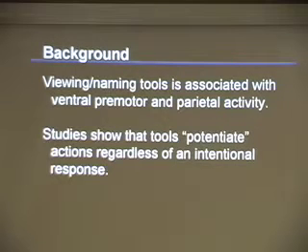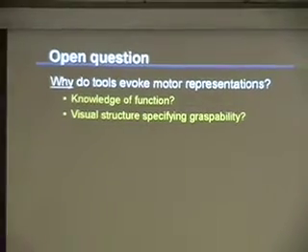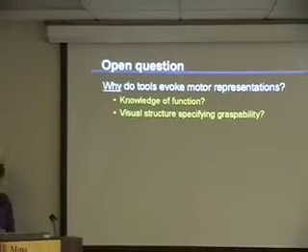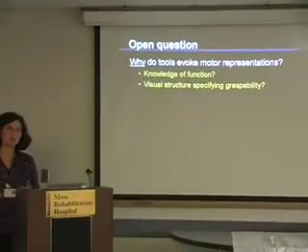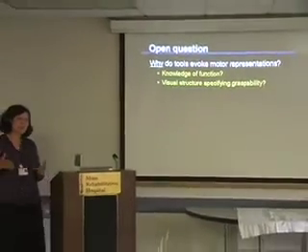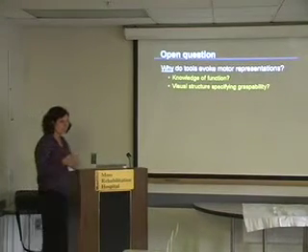Based on this, we were interested in the question of why tools evoke motor representations. There are at least two possibilities, and these are not necessarily exclusive of each other. The first could be knowledge of function. Most of these studies in the past have presented familiar tools that you may look at and instantly know what a hammer or a screwdriver does.